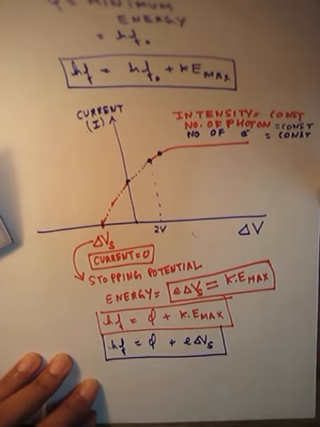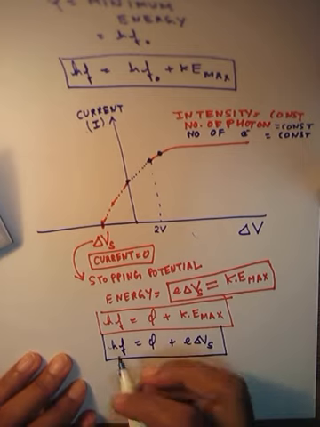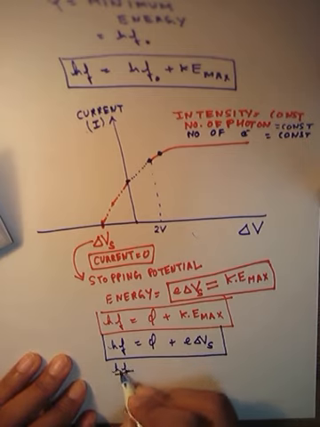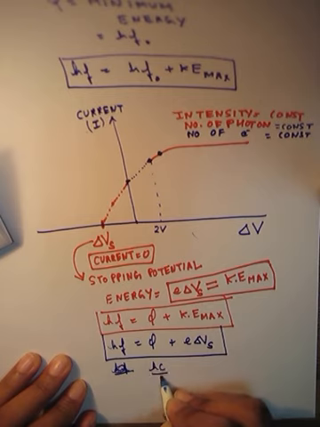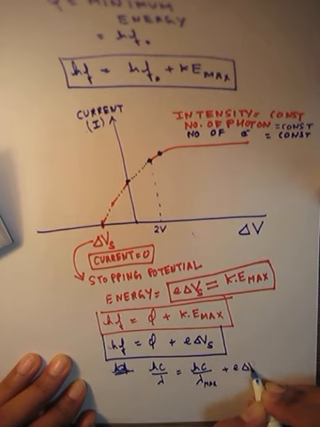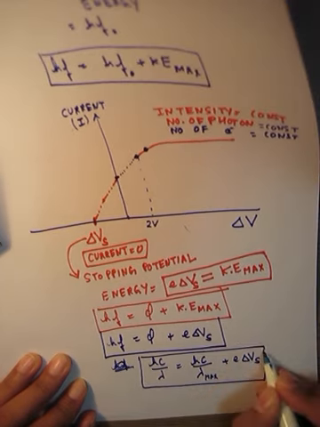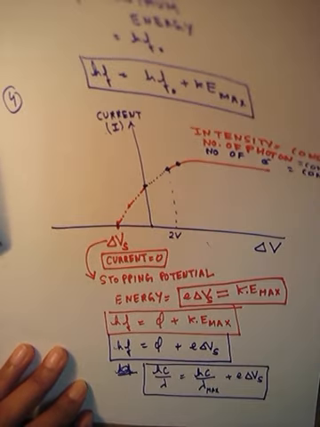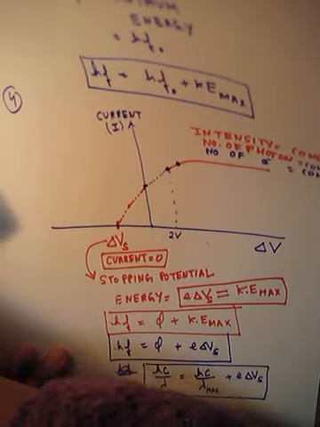So this is another way of writing this equation. And if you want to write in terms of lambda, you can say it's c upon lambda, it's c upon the cutoff wavelength, so it will be, let's say, the maximum wavelength, plus e delta Vs. You can also write this equation like this. Okay. So that's all.